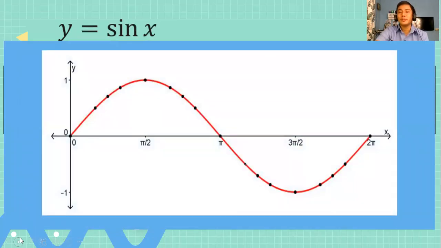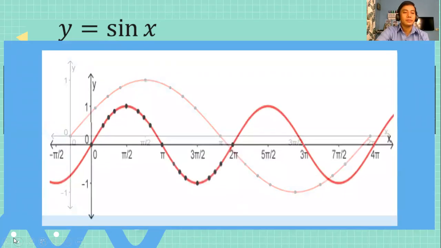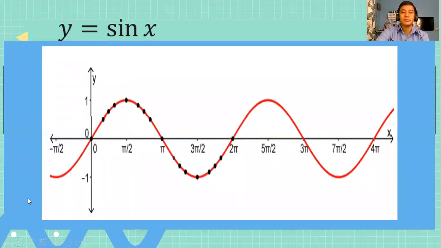When we graph those points on the table of values, this is how it would look. When we periodically repeat it every 360 degrees, the next rotations are 2 pi, which is 360, and then 4 pi, which is 720 degrees.